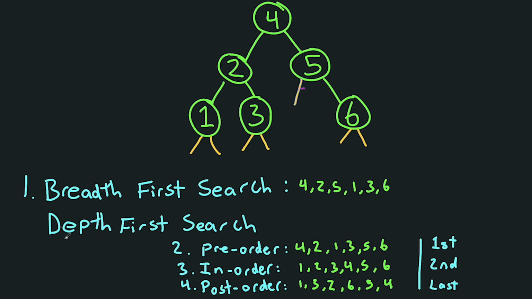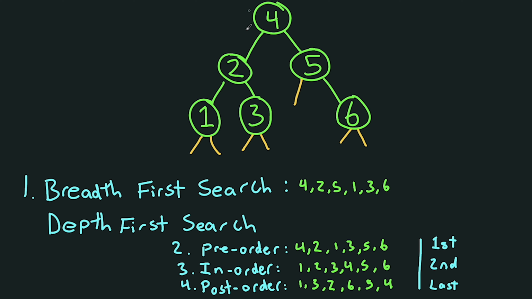Okay, so now let's look at depth first search, the 3 depth first search traversals. So when traversing a tree, when doing a depth first search traversal, we're going to explore as far as possible along each branch before backtracking.